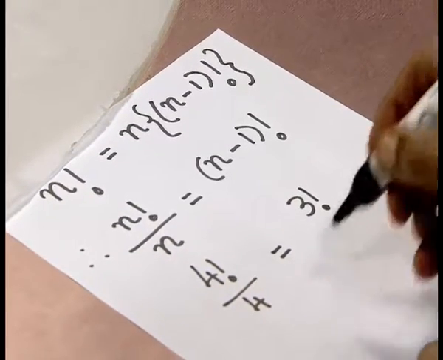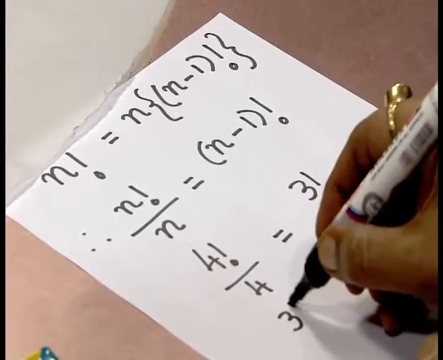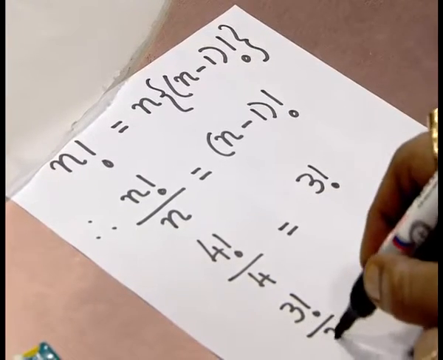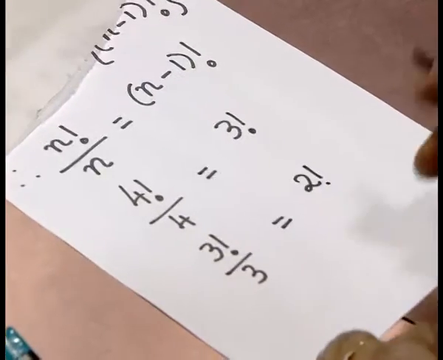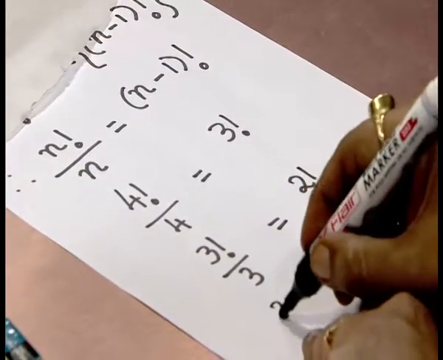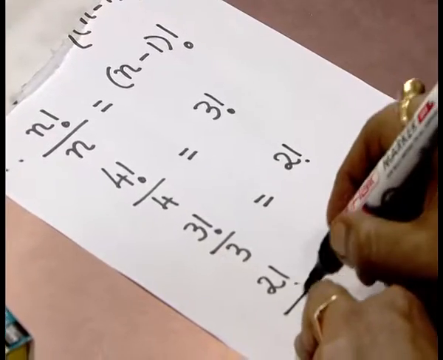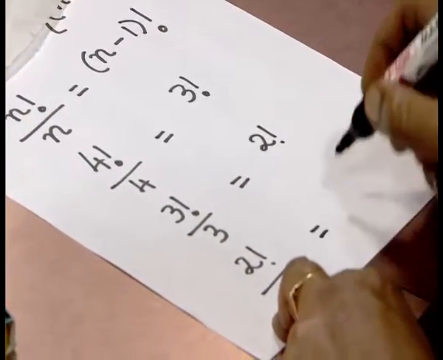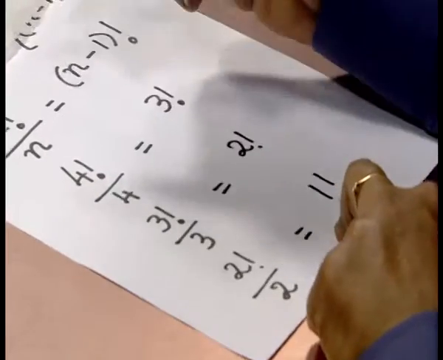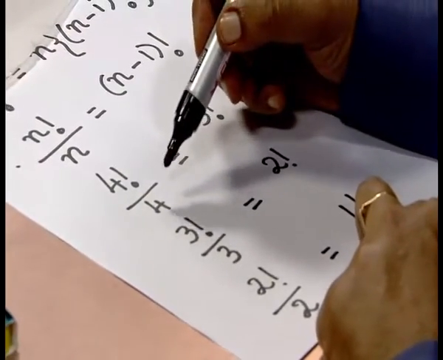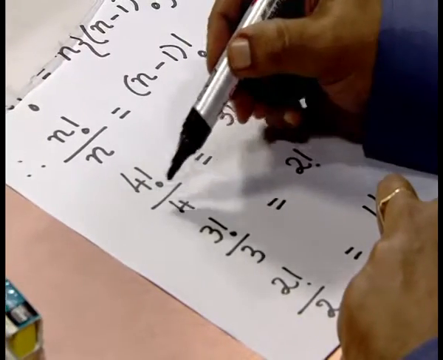So, you proceed: factorial 3 divided by 3 is equal to factorial 2, and then factorial 2 divided by 2 is equal to factorial 1. Have you observed? Every time, what I am doing is dividing factorial n by n.